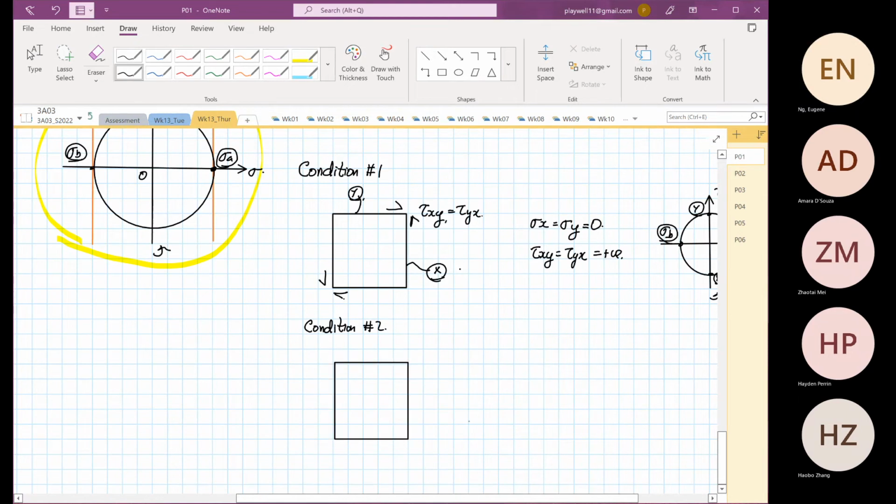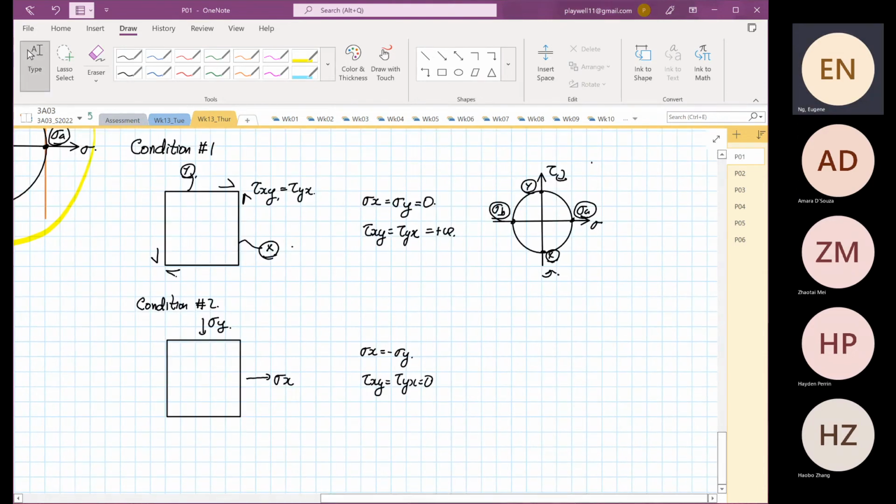It's where you have sigma X and sigma Y, and it's a condition where sigma X is equal to minus sigma Y, and shear XY is equal to shear YX and is equal to 0.